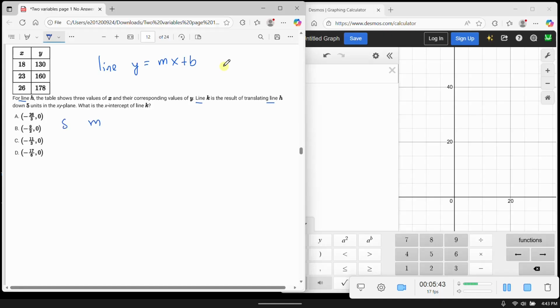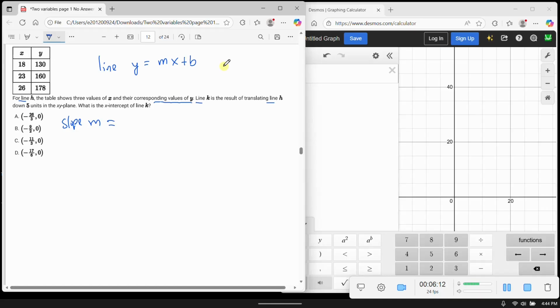The slope of the line from the table is the corresponding line y. So now we use the slope formula to find the slope m of the line y. We can take any two points that we want. You were provided three different points, so you can use any two.